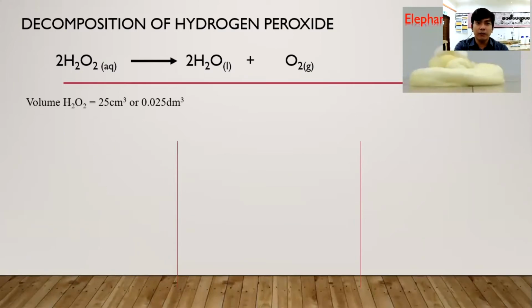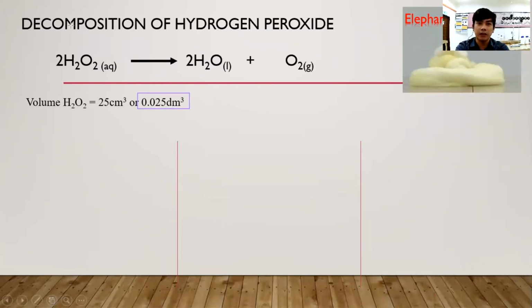Now, the volume of H2O2 that we have used is 25 cm cube. By the way, class, in doing calculations in chemistry or in your curriculum, you should convert all the volume that you're going to use to dm cube, or decimeters cube, or liters.